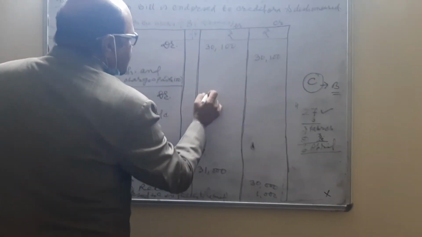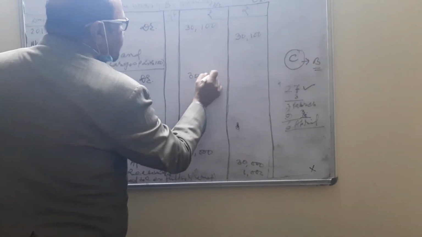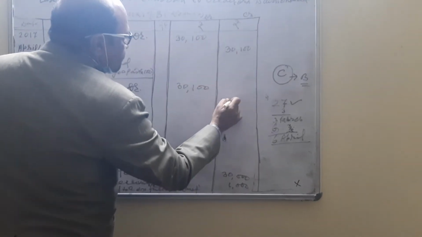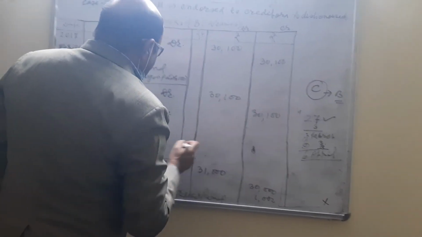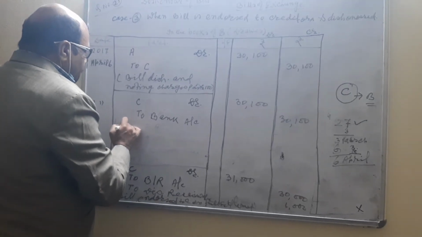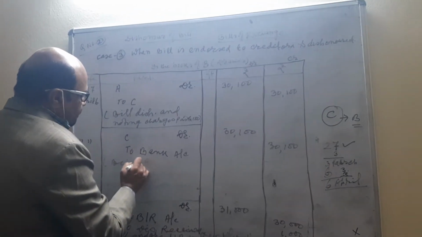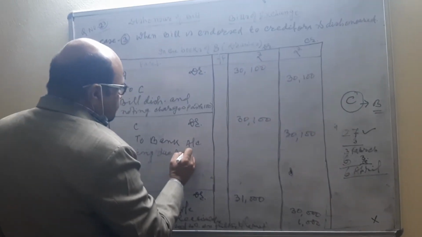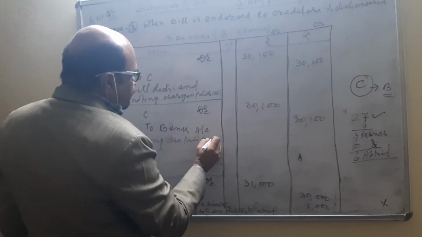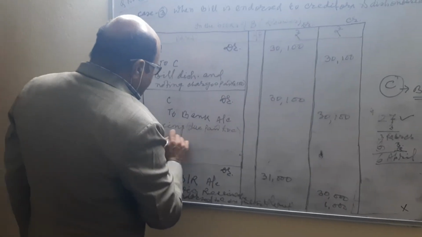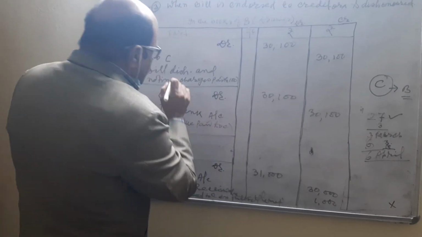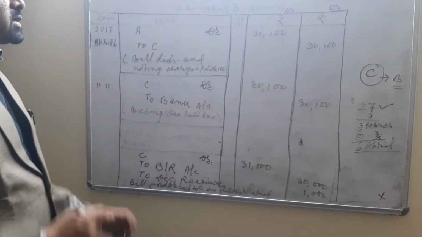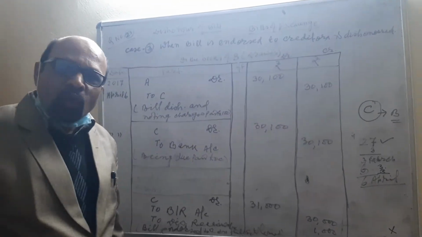How much? 30,100. Clear, students? And you write the narration being dues paid to C. Clear? So these entries we should pass in the books of the drawer.